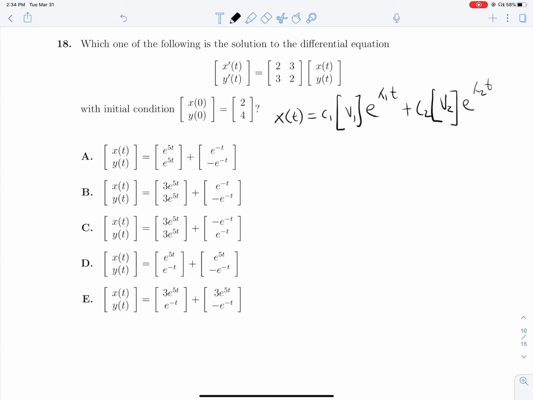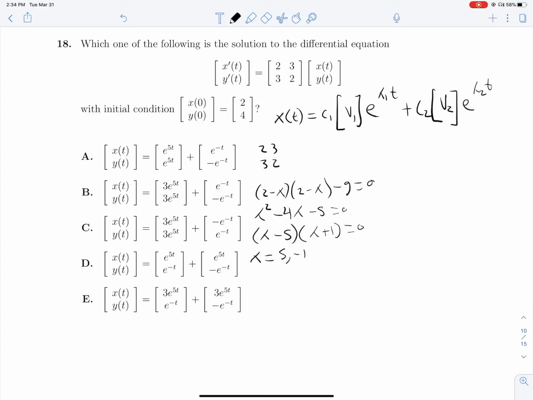Okay, going through and solving for all this, we need the eigenvalues and vectors of 2, 3, 3, 2. So we'll be solving (2 minus lambda)(2 minus lambda) minus 9 is equal to 0. This will give us lambda squared minus 4 lambda plus 4 minus 9, which is negative 5, is equal to 0. This will give us (lambda minus 5)(lambda plus 1), and this gives us lambda is equal to 5 and negative 1.